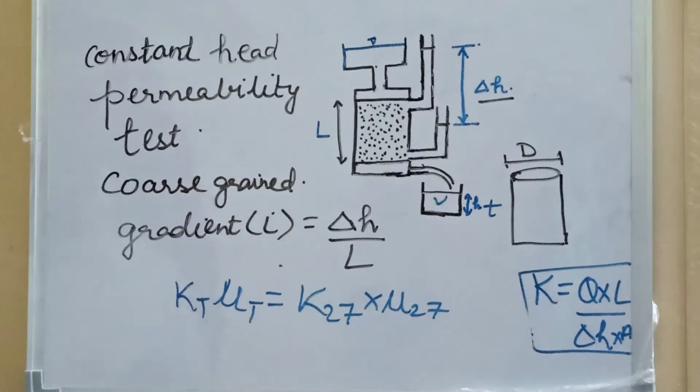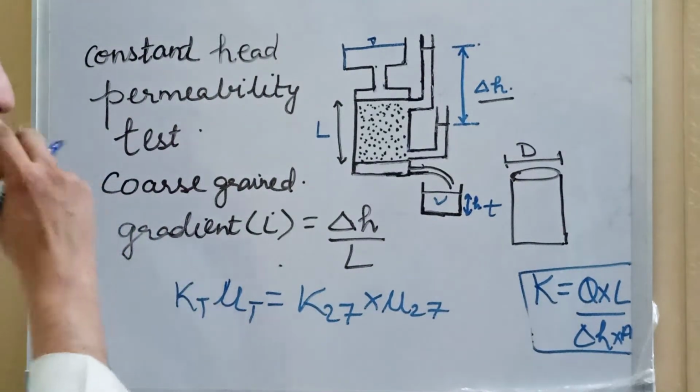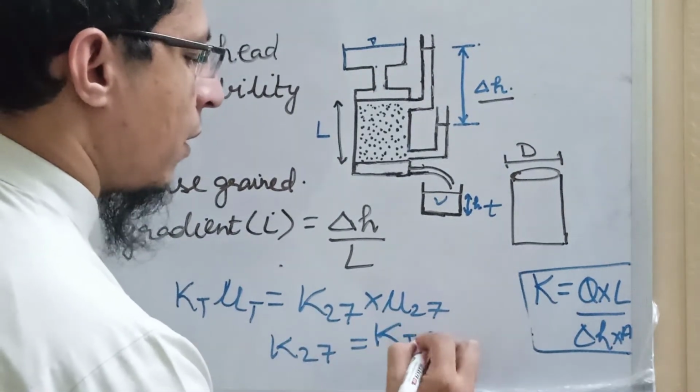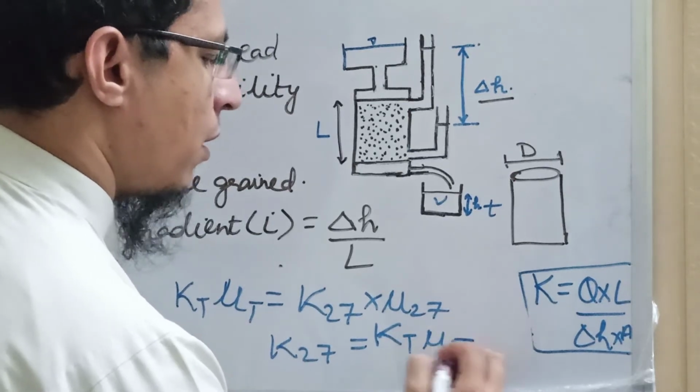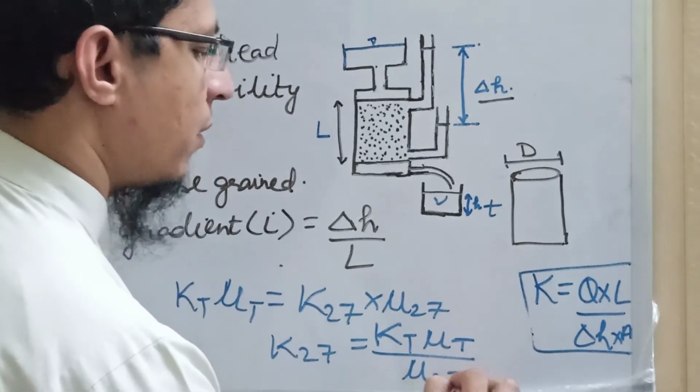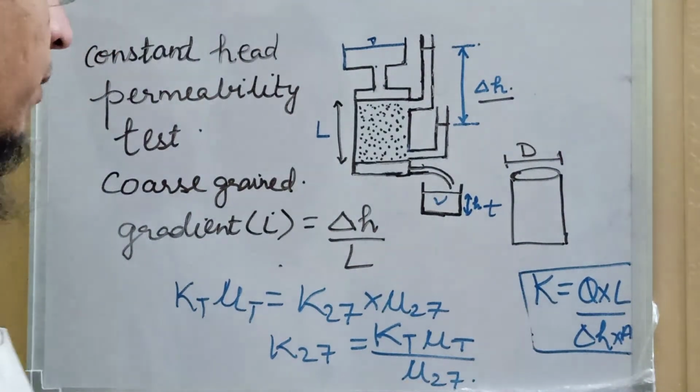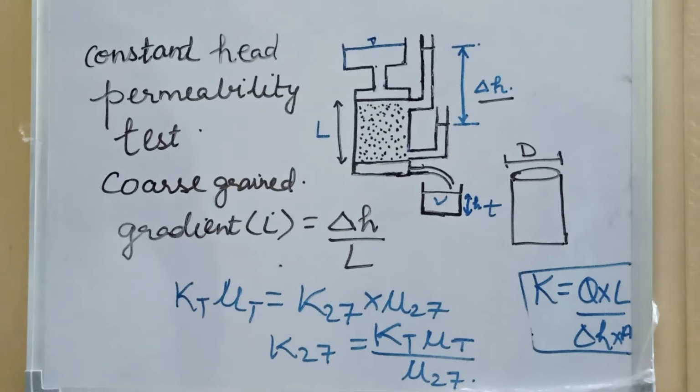So KT we have determined at temperature T, the permeability of soil, so we can determine K27 as KT into mu T upon mu 27. So KT is the permeability you have measured, mu T is the coefficient of viscosity of water, and mu 27 is the coefficient of viscosity of water at 27 degrees Celsius. These values you can find in standard tables, and finally you can determine the value of K27, that is the permeability at 27 degrees Celsius.